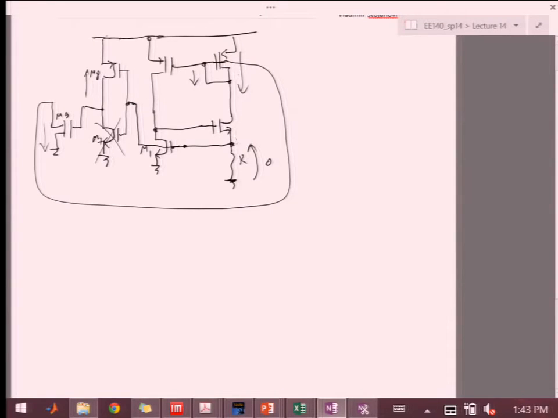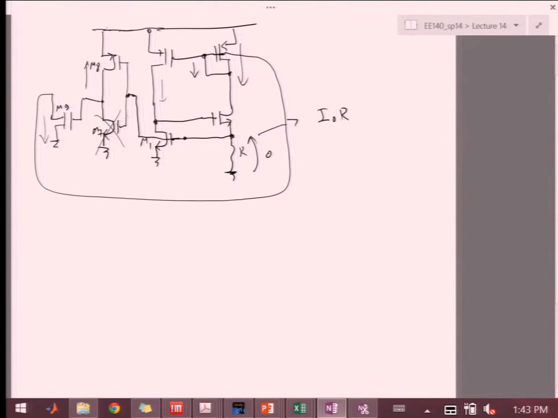And as the current now goes into the second stable point, right, because it's going to go here and get developed the right value across this, when this value achieves IO times R, this is going to be sized in such a way that at that point, M7 turns on.